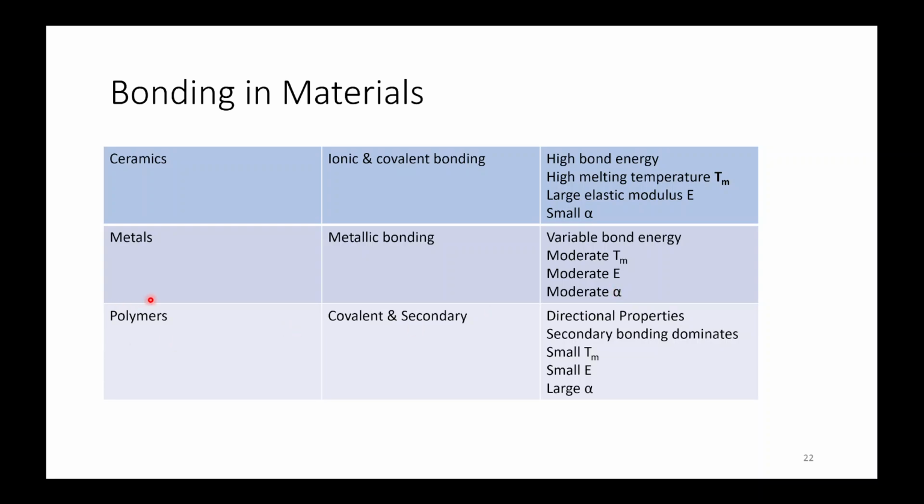And in case of polymers, they will have covalent bonding along chains, and between chains they will have secondary bonding. So these will have directional properties.